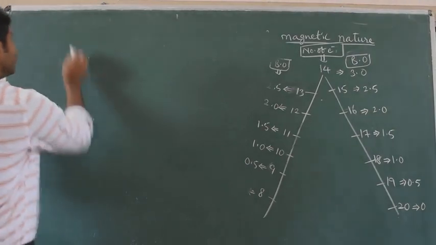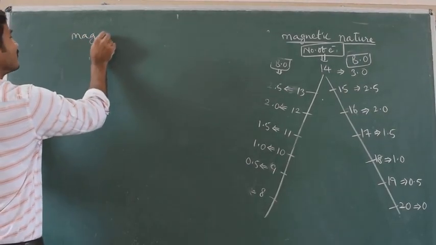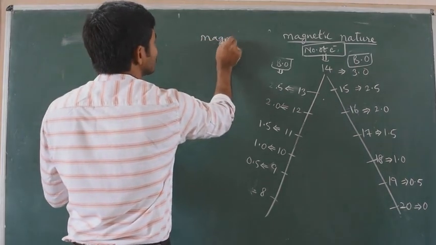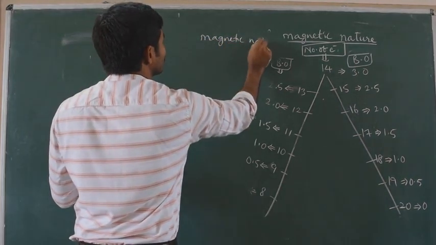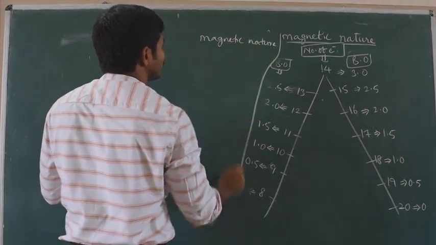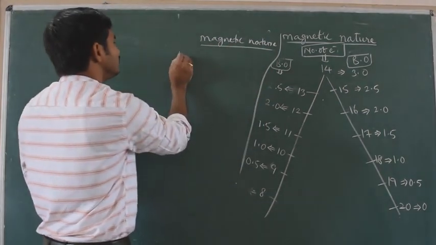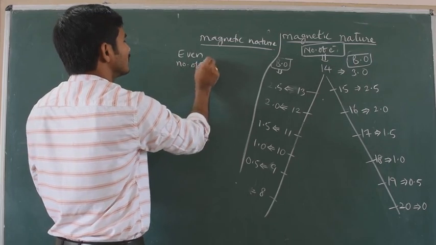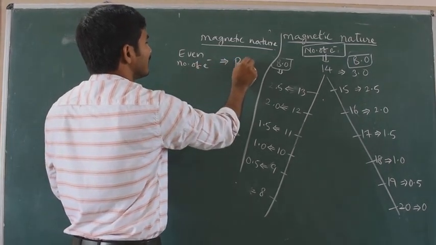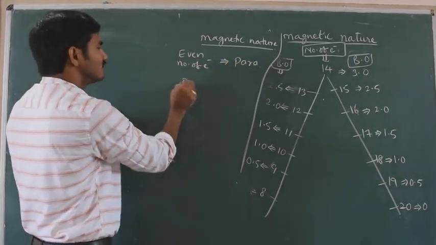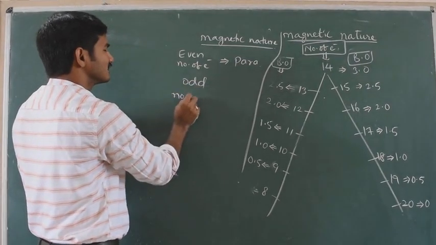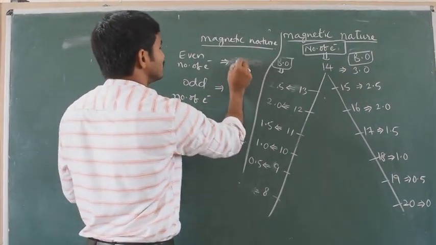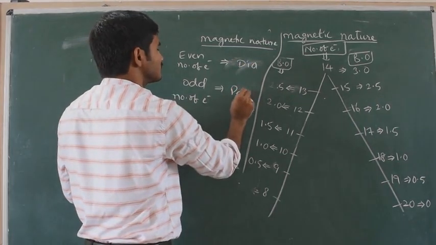Magnetic nature: if an even number of electrons are there, then it is a diamagnetic substance. If an odd number of electrons are there, then it is a paramagnetic substance.